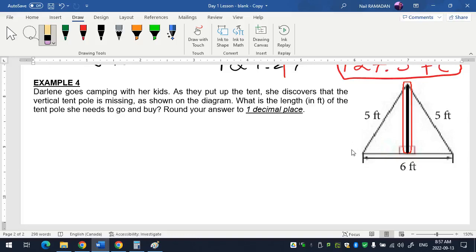Okay, no need to know it. We can just say it and that's it. She discovers that she forgot the vertical tent pole, the one that supports the top all the way to the ground, as shown in the diagram. What is the length in feet of the tent pole she needs to buy to make sure that the tent stays upright and supported and all good?